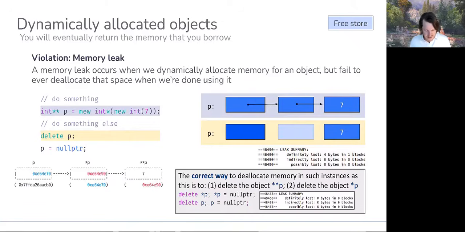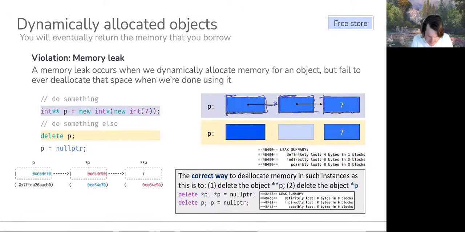So this essentially sets up this structure here. P is pointing to a pointer to an integer object, which is then in turn pointing to that integer object.